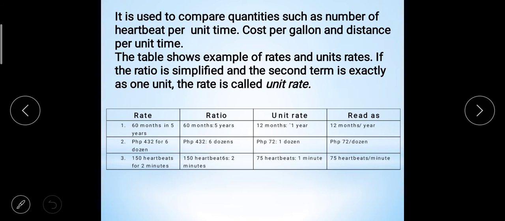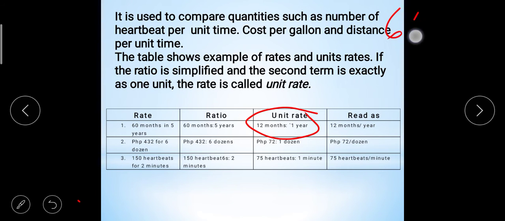So first given, we have 60 months in 5 years. Going back, the rate is 60 months in 5 years. So its ratio is 60 months is to 5 years. So paano naging 12 months per 1 year? What do you think is the common factor?